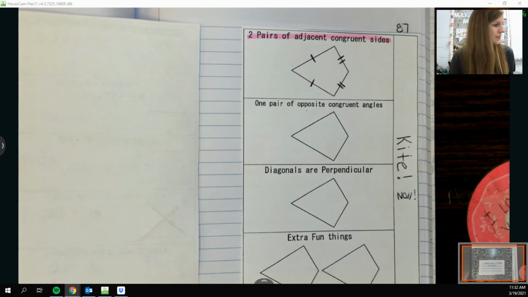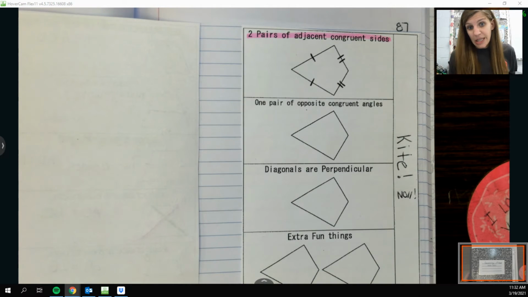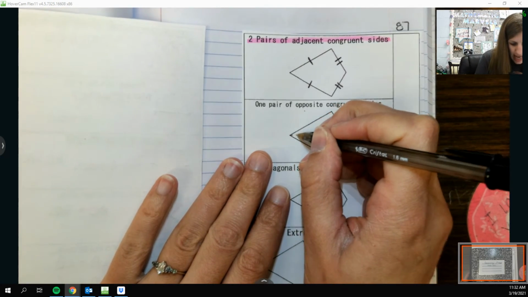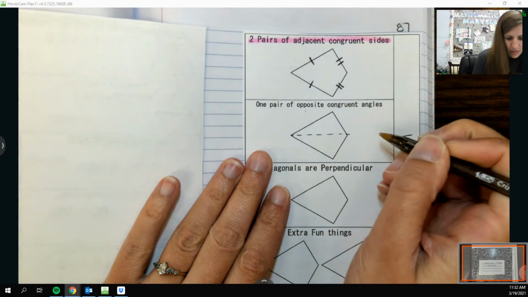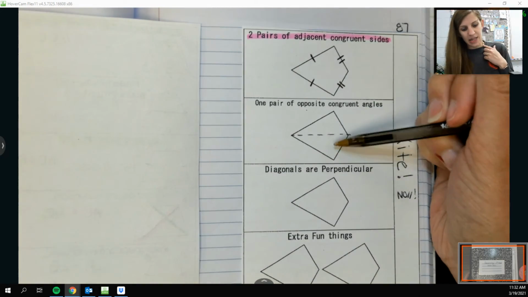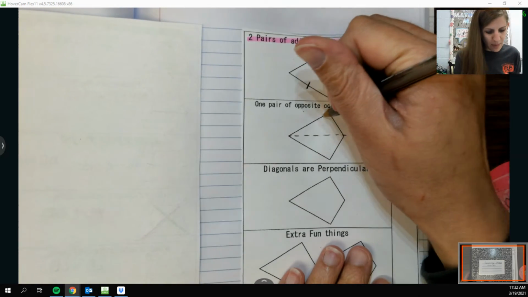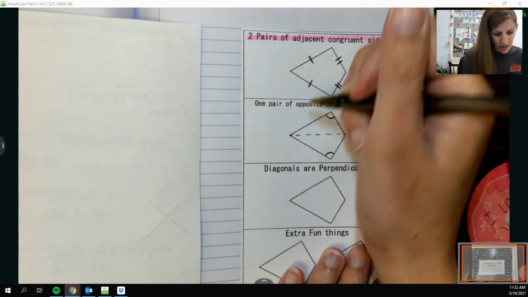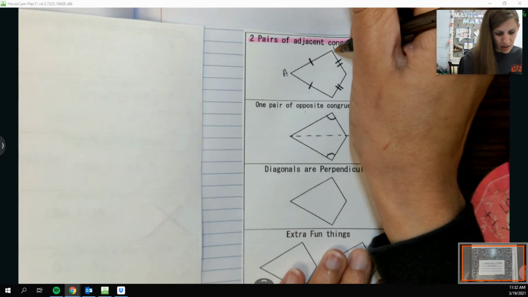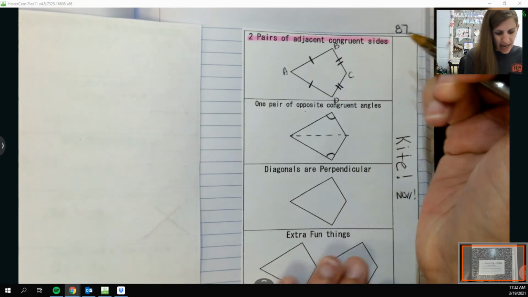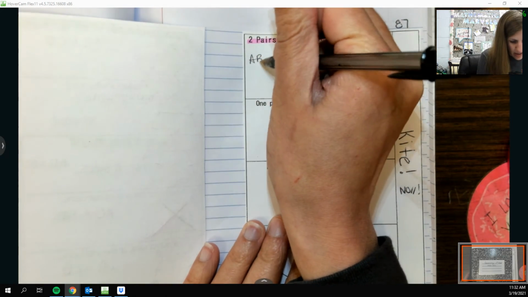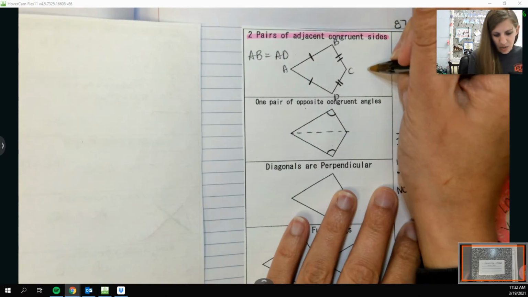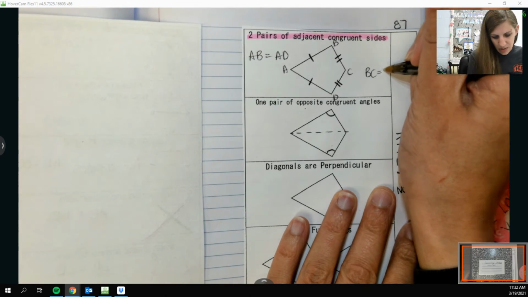No parallels. Now, the other interesting thing that you can start doing is putting diagonals in. If I put the long diagonal in, you get these two congruent triangles here. So we have one pair of opposite congruent angles. If I name this cute little kite A, B, C, D, I could say that AB is equal to AD, and BC is equal to CD.